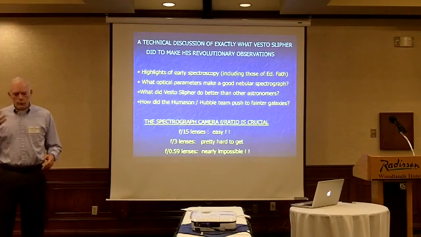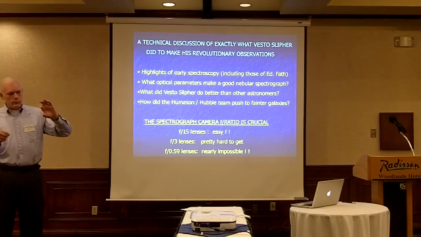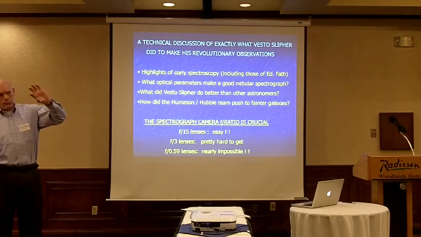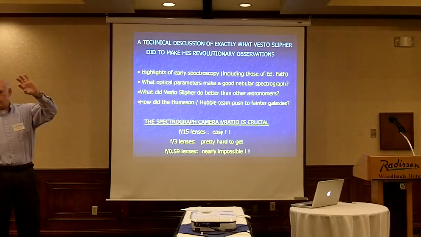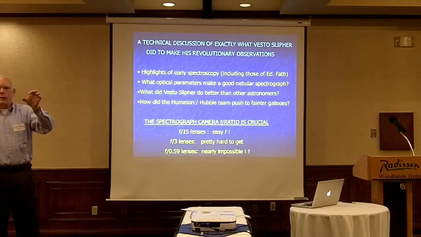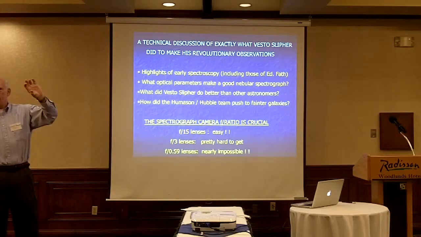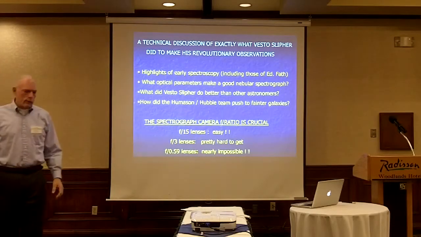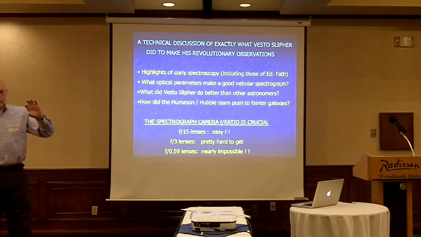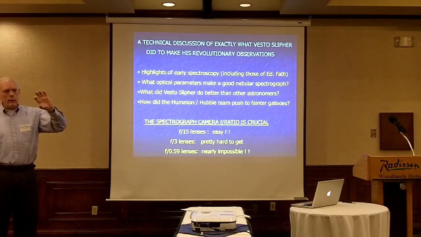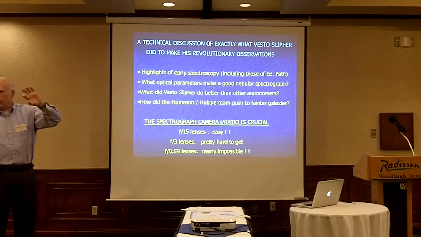And for those of you who don't think about F ratios, I'll just tell you that you take the focal length of a lens. Here's the lens. You take the focal length and you divide it by the diameter of the lens. And in this era of the early 1900s, it was very easy to make lenses that were f15, f13, f10.